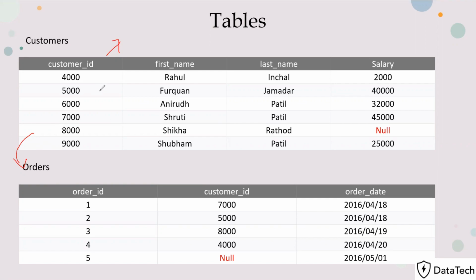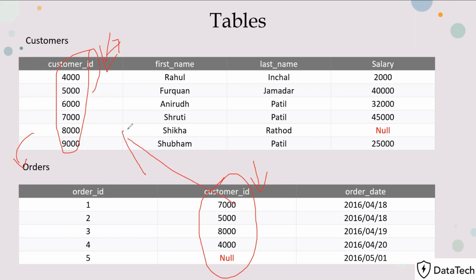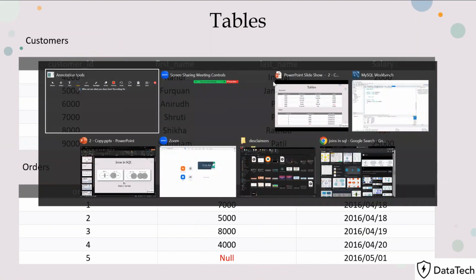Whenever you come across joins, there will be one column which will be identical. In this case, my customer ID is common, right? Customer ID is there, customer IDs are here. I am going to compare these two columns to join. Fine. So this is the concept which I wanted to talk to you about.